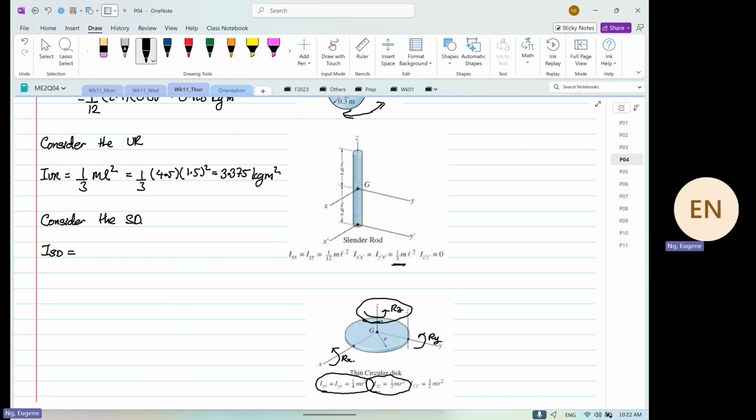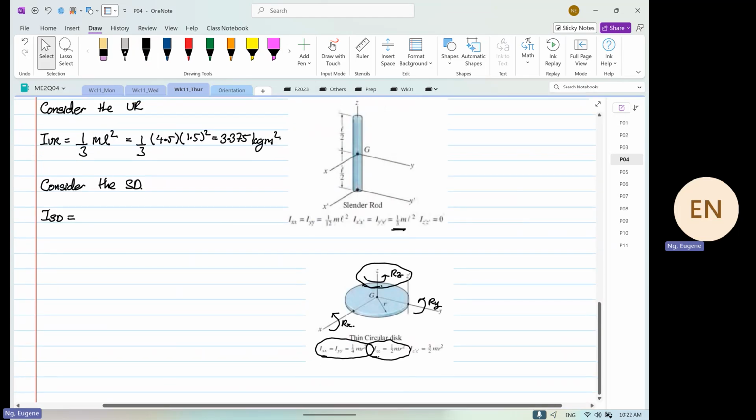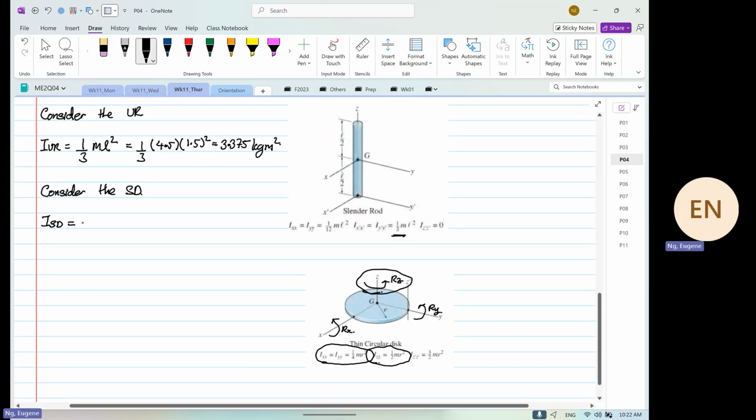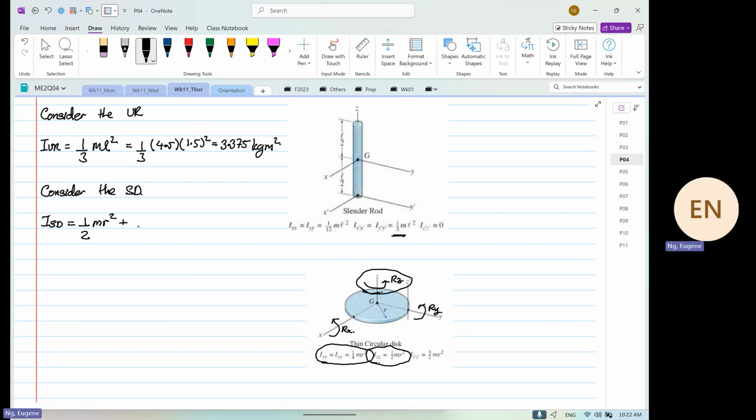So I of the solid disk, IZZ, is equal to half mr squared plus md squared.